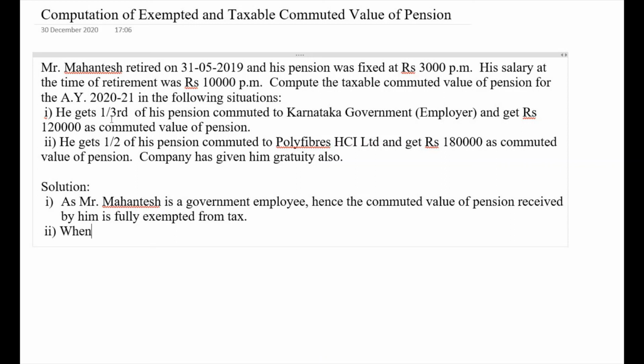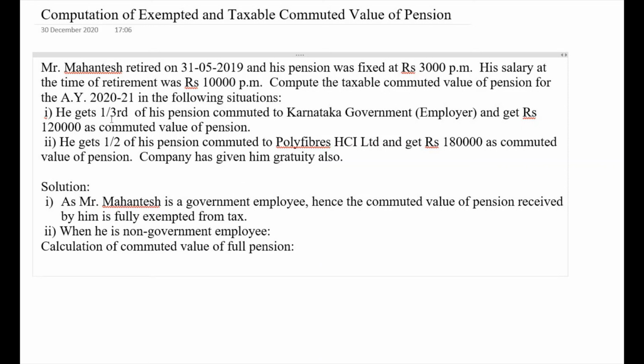Now let us go for the second situation, that is when he is a non-government employee. So first let us go for calculation of the commuted value of full pension. So for half commutation, lump sum received equals rupees 1,80,000.